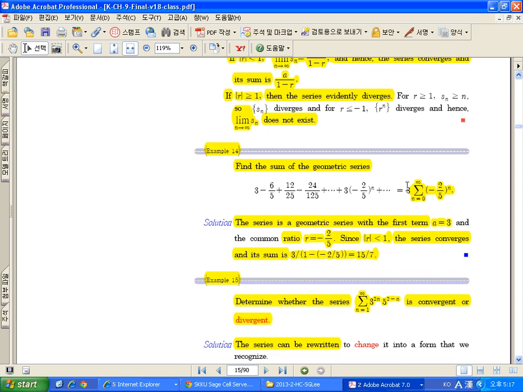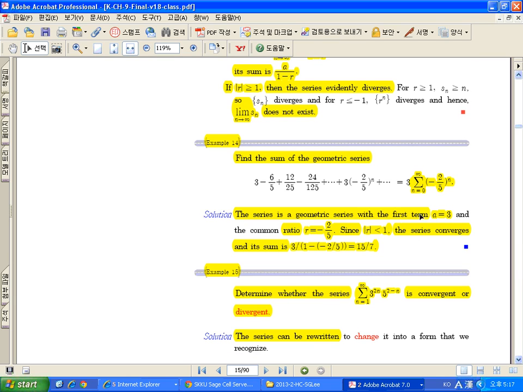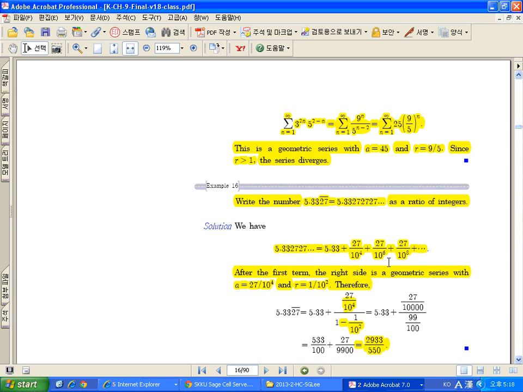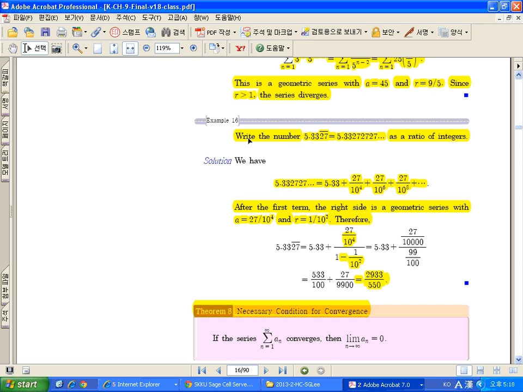Using this theorem, we can find the sum of the geometric series like this without much difficulty. Because the first term is 3, and the ratio is minus 2 over 5, you just plug in 3 for a and minus 2 over 5 for r to get the limit, 15 over 7. And write this number as a ratio of integers. How?